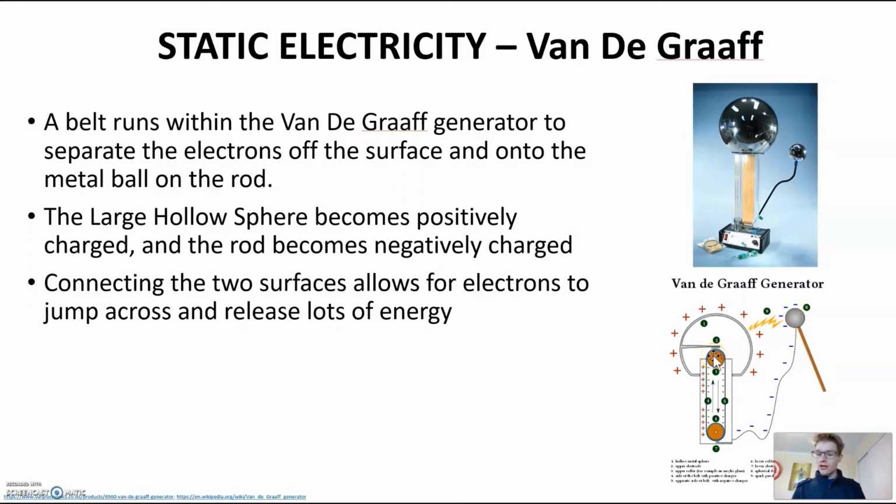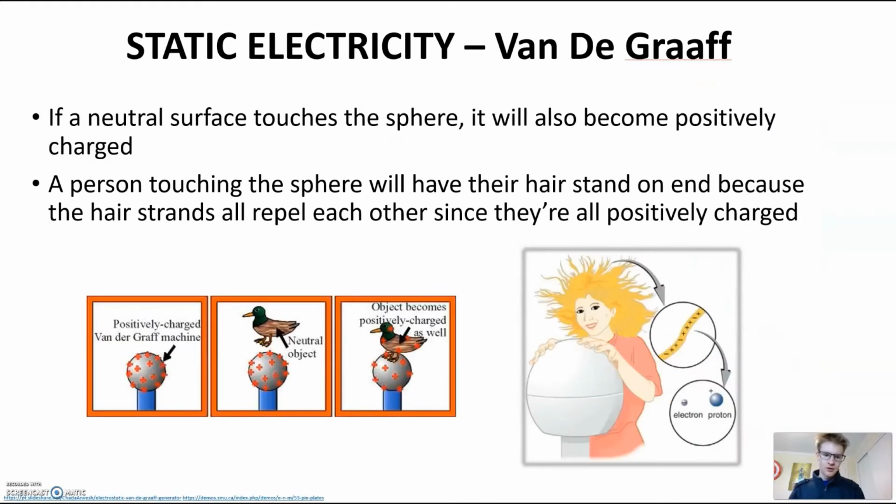What you've probably seen is when some people touch this machine, they too become positively charged and their hair sticks up. We can do all sorts of crazy things with this machine. Hopefully one day we'll actually get to play around with it. But what we're seeing here is when an object touches this machine, it too becomes charged.